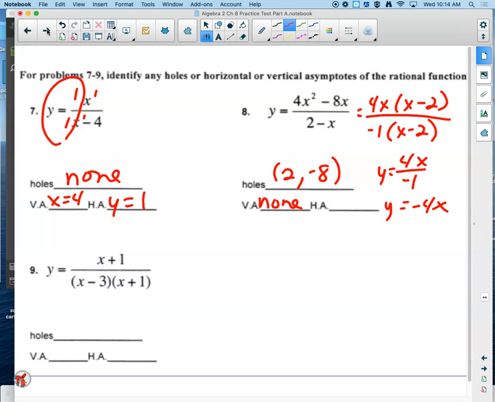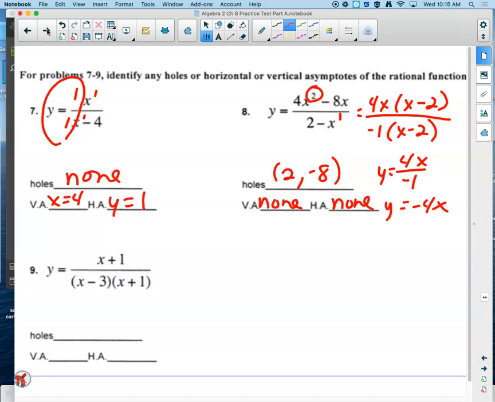All right. Now, this time, definitely not even close to a over x minus h plus k. So we have to use the degrees. What's the degree of the numerator? 2. Degree of the denominator? So think about yesterday. There's none. When the degree of the top is greater than the degree of the bottom, it's none.